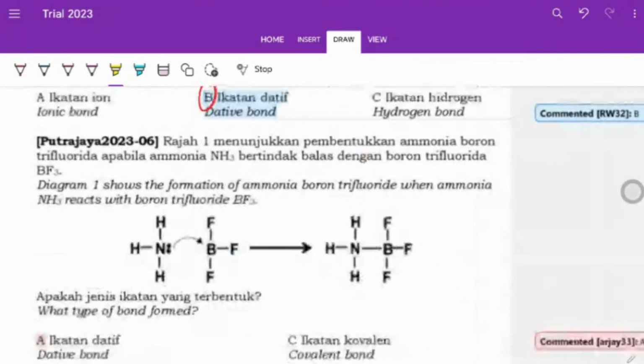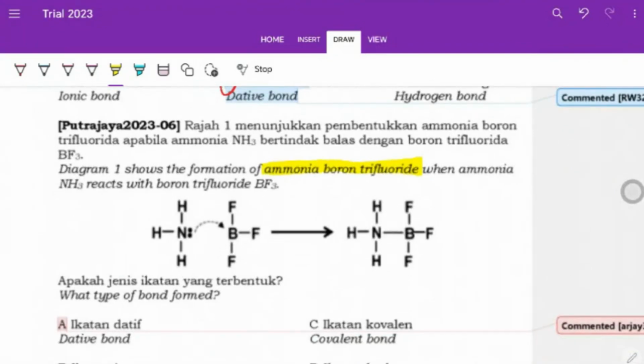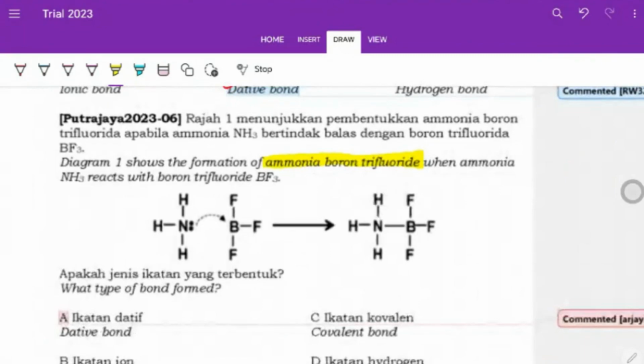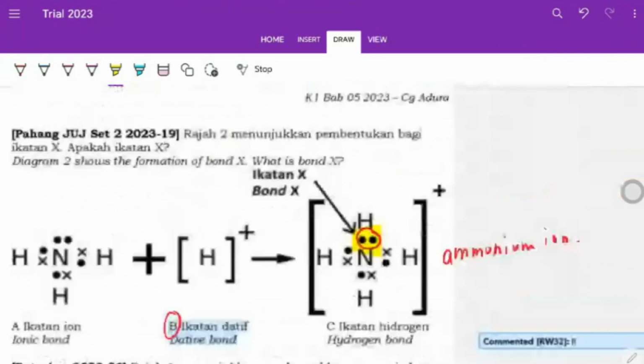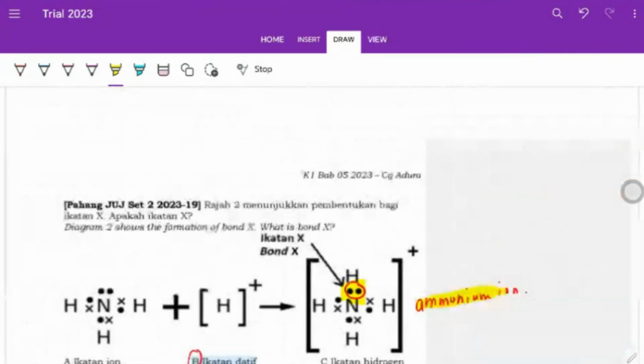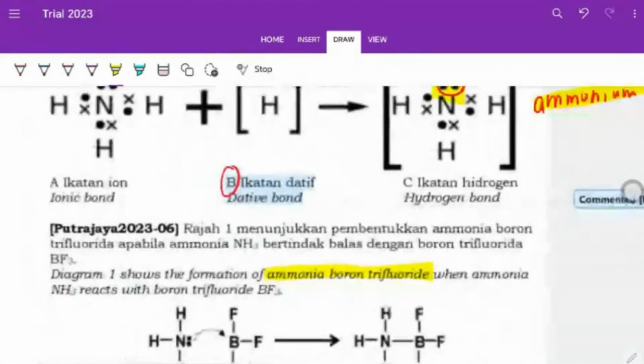Okay, next ammonia. Formation of ammonia, boron trifluoride. Ammonia reacts with boron trifluoride. So this one is extra. Normally in the exam they will use this one and this one, so this one is extra for you.